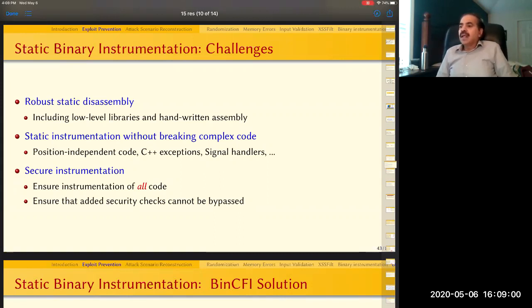And we saw examples of this when we were discussing software fault isolation and control flow integrity, where malicious code can try to subvert the instrumentation by essentially jumping past the checks. And we discussed how that needs to be handled. And so if you want to do instrumentation in general, you need to think about how do you make sure that things are secure.